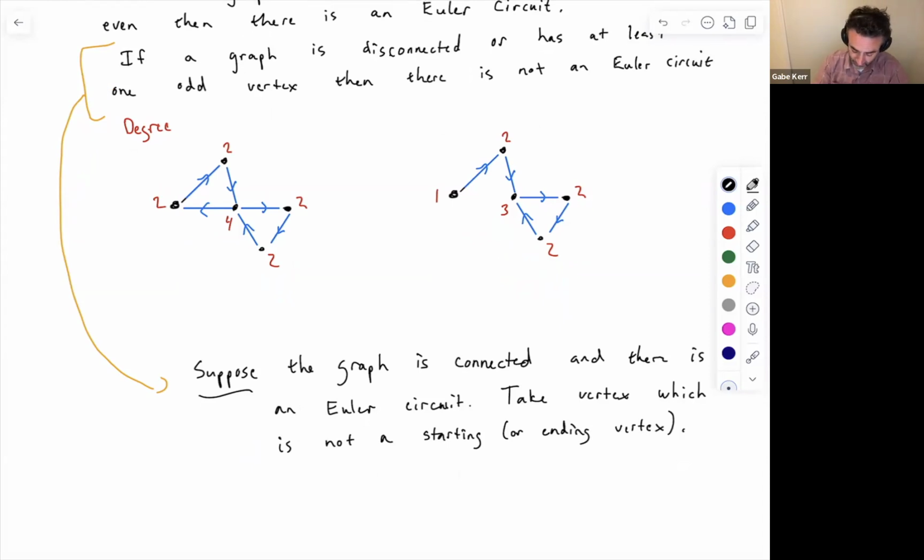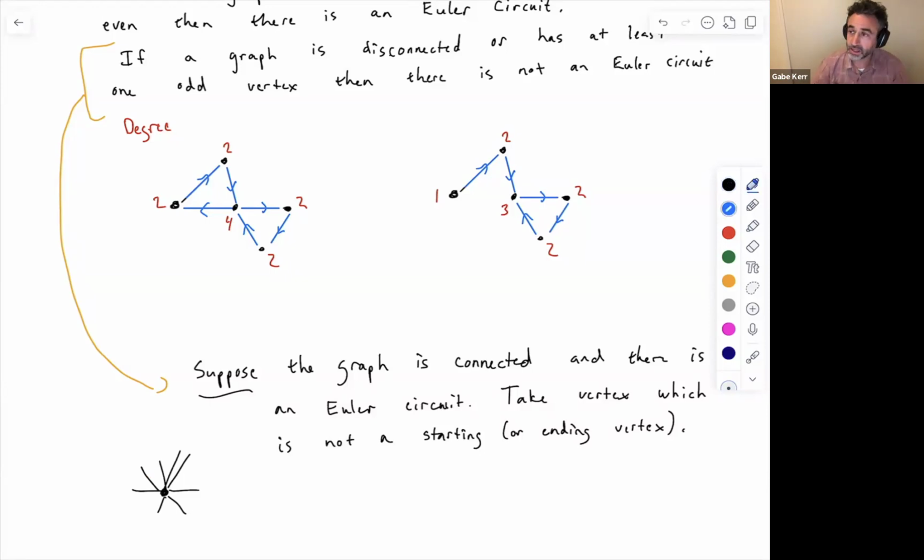So I have some vertex here, and I have a bunch of edges. And I don't know where they're going or what's going on with these edges, but I've got a bunch of edges. Now I know this is not in the beginning or the end of my circuit, but I know that some person is tracing out the circuit.